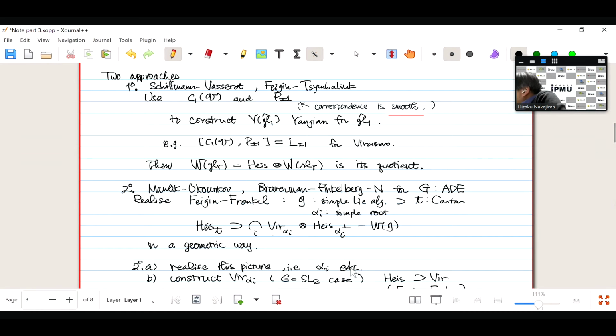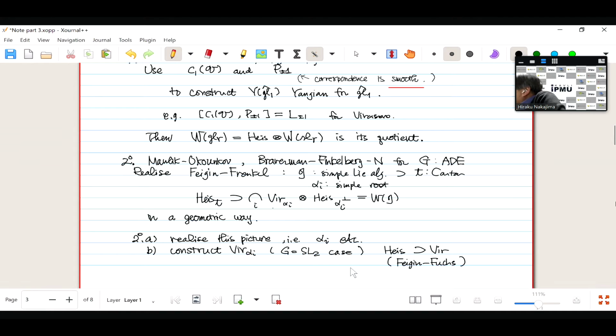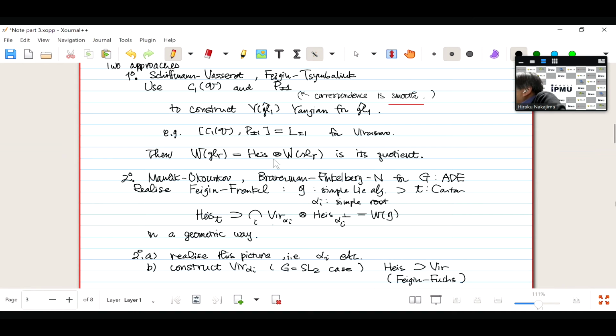Because of this, you only need to understand the type A case, and the first approach can be used, for example. There are also many other approaches for the chiral algebra.